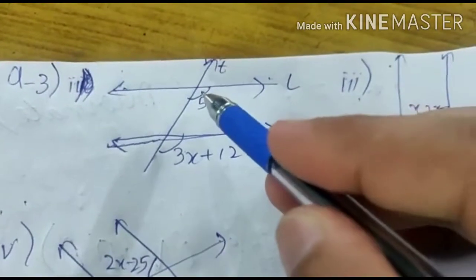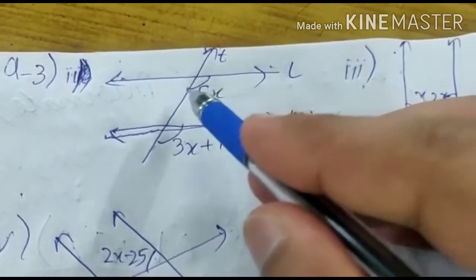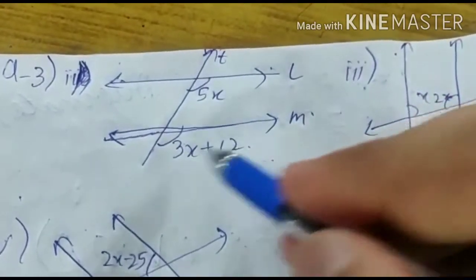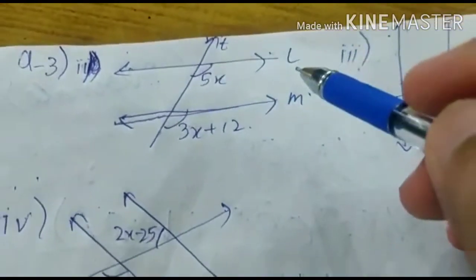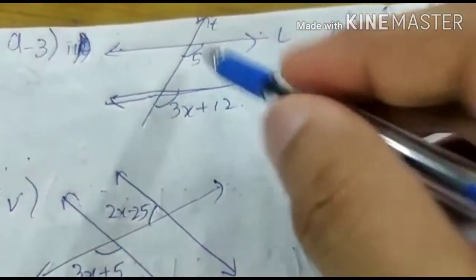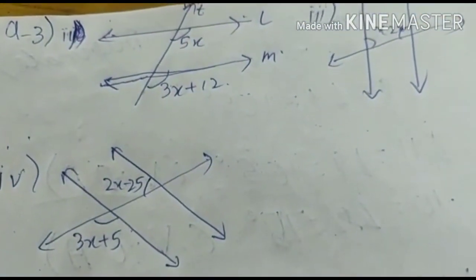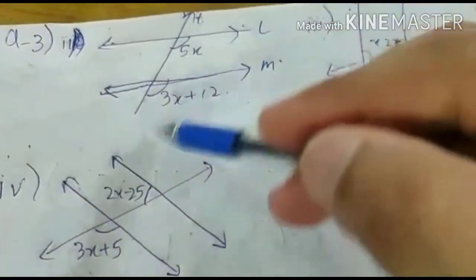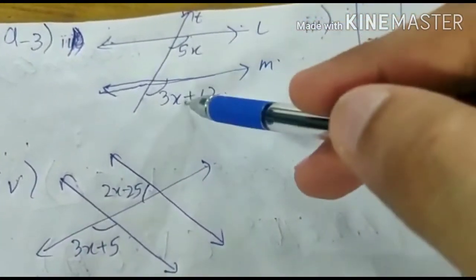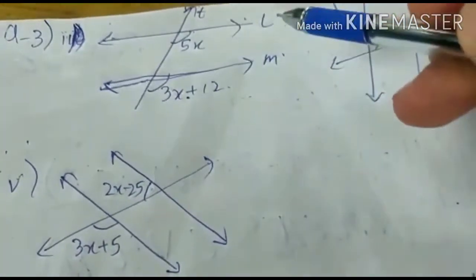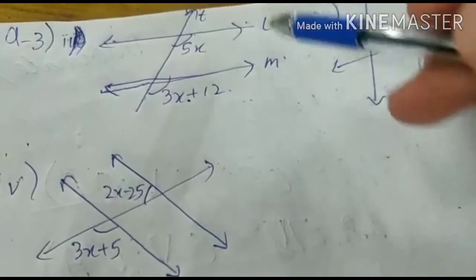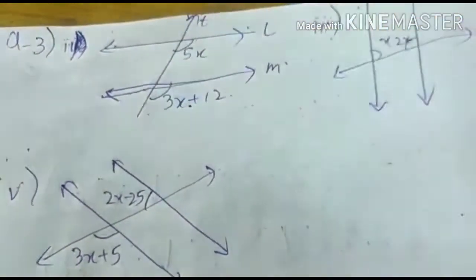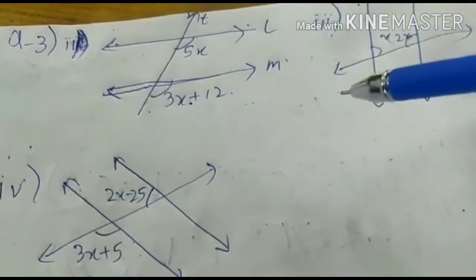So here if we see this angle 5x and this angle 3x plus 12, both are corresponding angles. These are corresponding angles, means these lie on the right side of the transversal that is T, and lie at the below part of the L and M, and on the right side of the transversal.